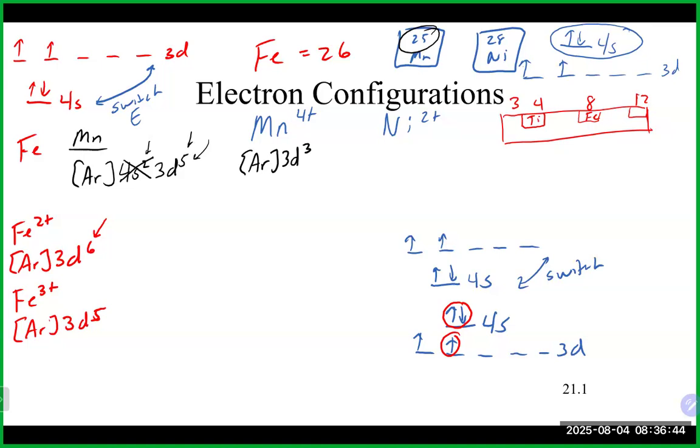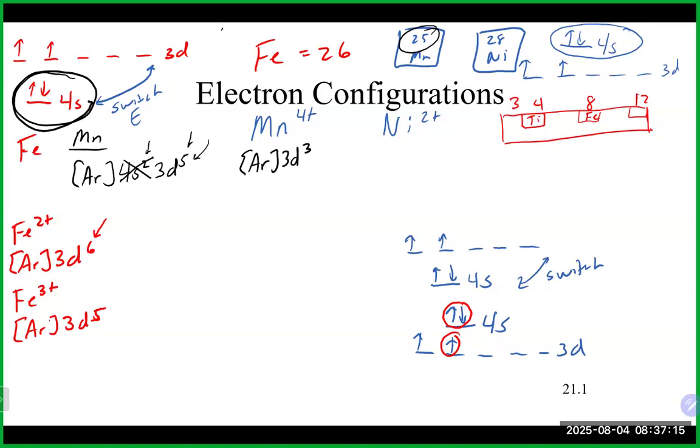Yeah. It doesn't. You could write it all out if you want. Obviously the argon would represent the first 18, through 3p6 basically. Yeah. You do, because as we talked about, when the electrons go into the atom, they fill into the s's first because they are lower in energy.